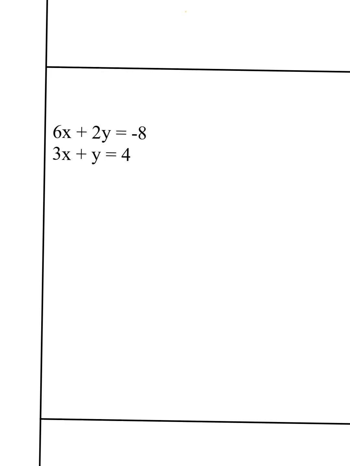All right, in our second problem, I'm going to focus on elimination. And what do we do if we do not have opposites? Well, we have to create opposites. So if we look at this, this is a 6x, and I'm going to leave this as a 6x.